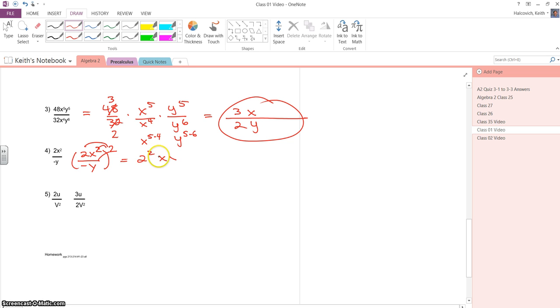Remember, when you raise it to a power, you multiply the exponent, so 2 times 2. And then, remember, negative squared is going to be positive, and then it's going to be y squared. So it's 4x to the fourth over y squared.